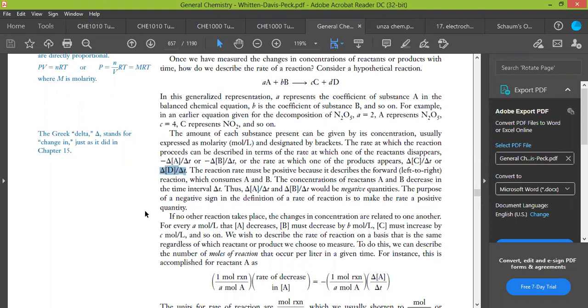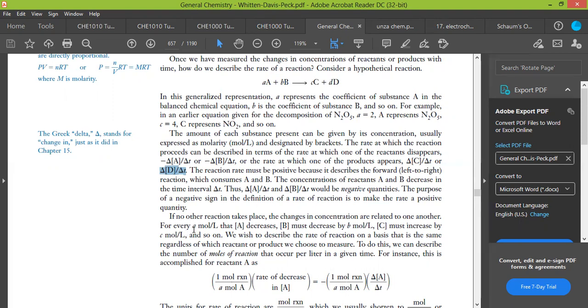But then, one other thing we have not put into consideration is the coefficients, the ratio in which these reactions are happening. Like they've explained here, if no other reaction takes place, the changes in the concentrations are related to one another. Okay, if this reaction is just happening like this and nothing else happens, all these are related to one another.